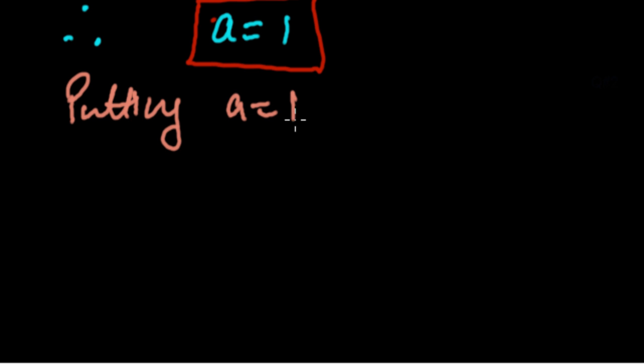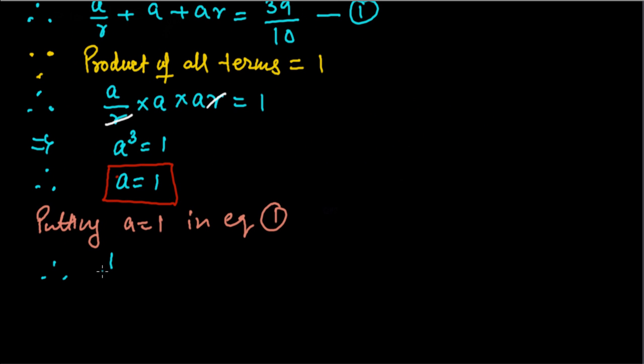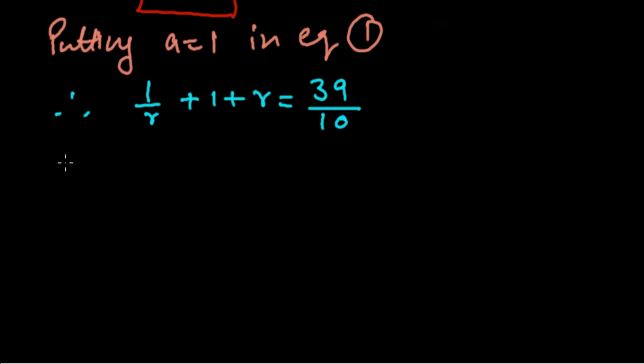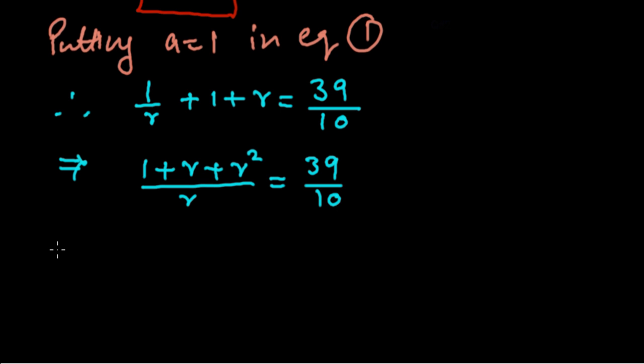Putting A is equal to 1 in equation first, we will get 1 by R plus 1 plus R is equal to 39 by 10. This implies (1 plus R) square upon R is equal to 39 by 10.